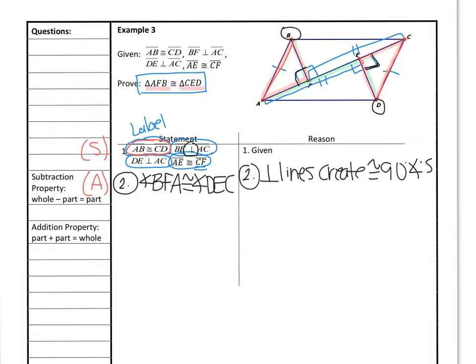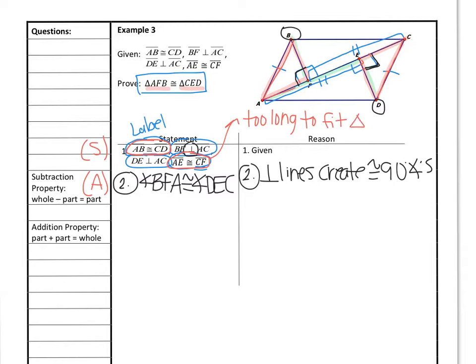And now, do you see how our last given here, that AE is congruent to CF, do you see how that length is too long? So this piece right here is too long of a segment to fit our triangle. So it extends past the triangle that we want.